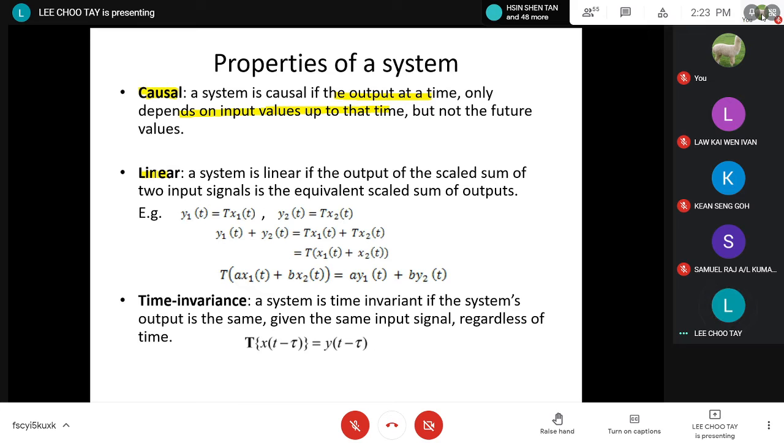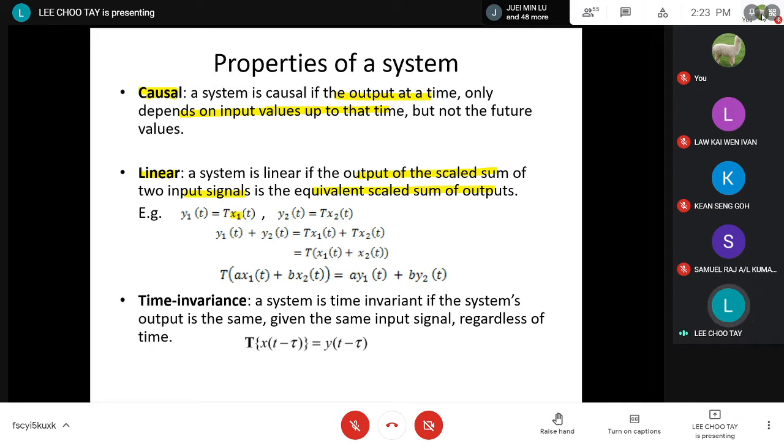All right. Linear. How do we know whether a system is linear? A system is linear if the output of the scaled sum of two input signals is the equivalent scaled sum of the outputs. What is meant by this? Take for example an input called x1.